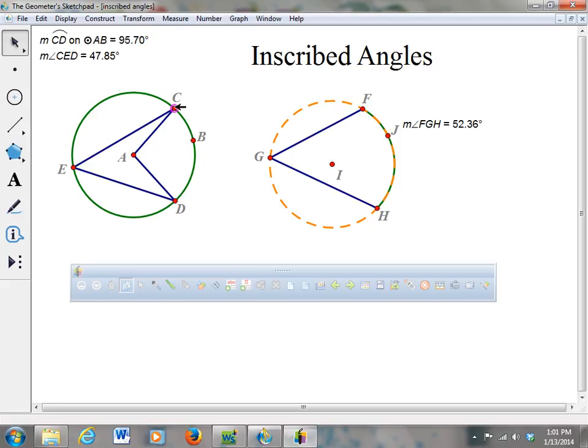If this central angle is 100 degrees, then this angle here is half of that, which is 50. So E would be 50. CED is half of the intercepted arc.